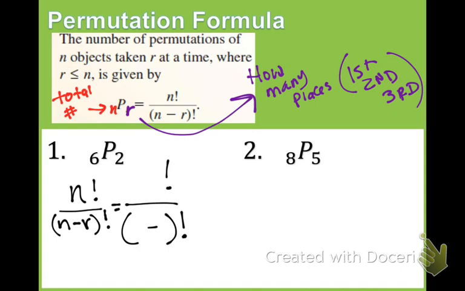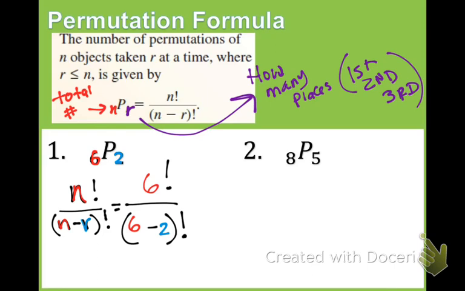Because I'm just going to plug them in. So what does N represent? 6. So I'm going to plug in the number 6. And N again, so still a 6. And then we have R, which is 2. That's why.